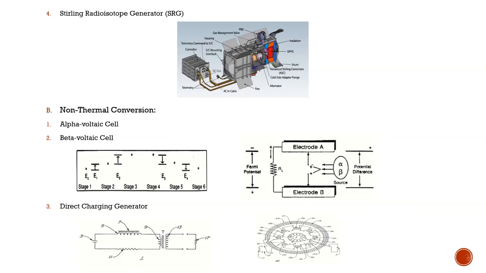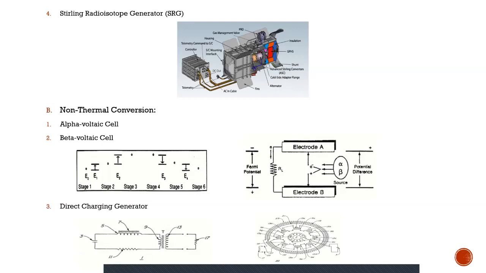That piston helps run the generator, and as a result, electricity is generated. It's more like a generator type. The piston is moving, so it rotates the alternator of the generator and generates the power. Now these are the main kinds of nuclear batteries. They are non-thermal conversion type of nuclear batteries.